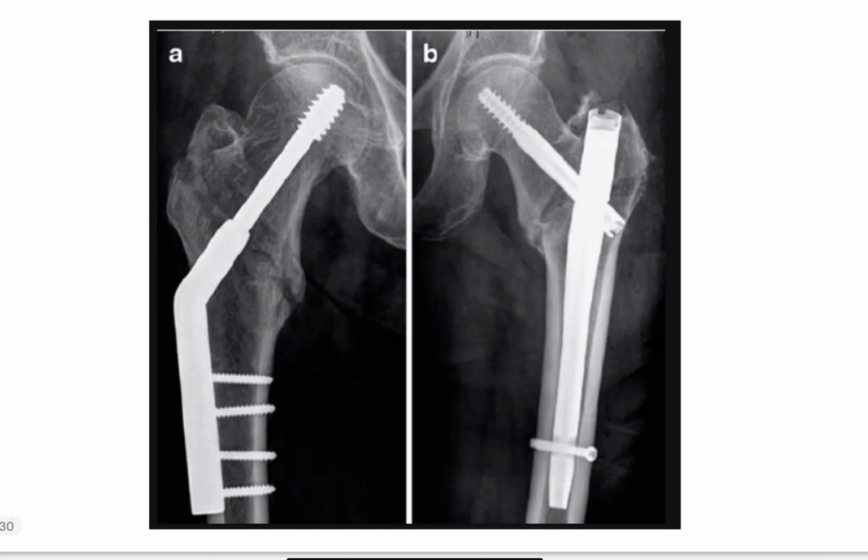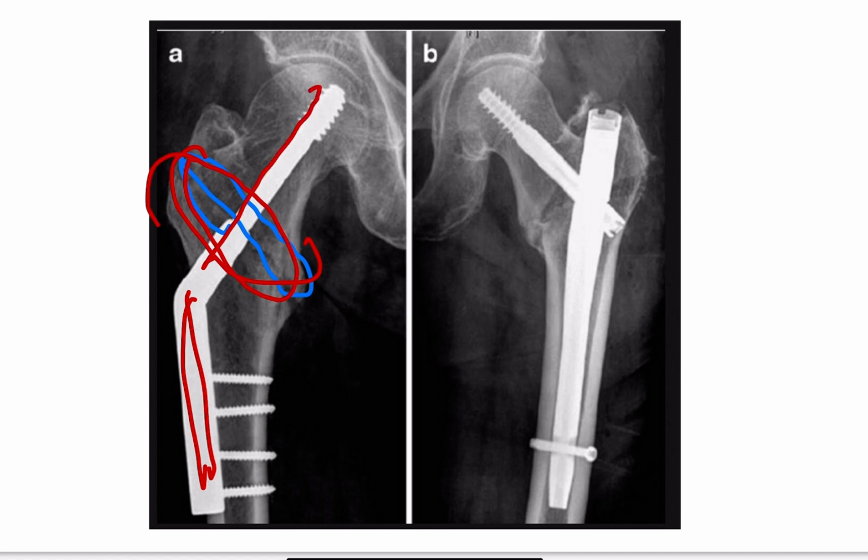Now here is the intertrochanteric fracture, and we can see a device introduced in the femur. Actually it is outside the femur and inside the neck of the femur, and finally goes to the head area, and this device is the dynamic hip screw.